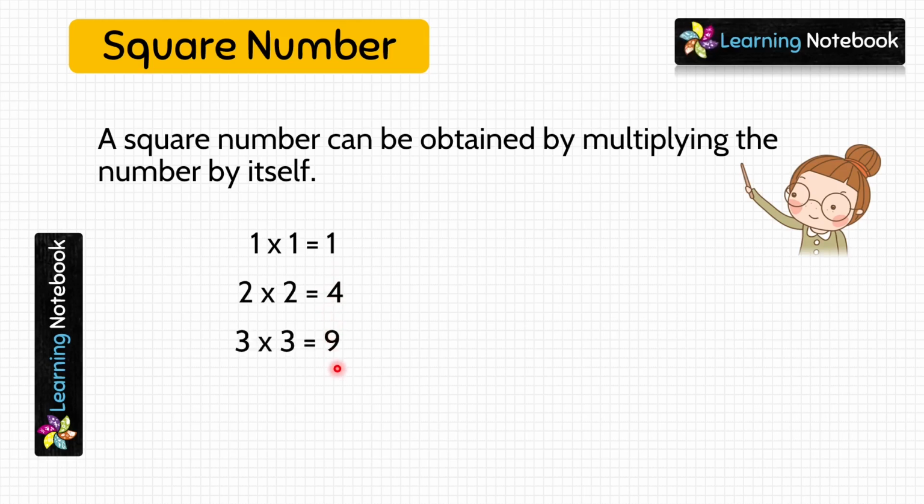Similarly, 3 into 3 equals to 9, 4 into 4 equals to 16. So here we are multiplying the number by itself. So these numbers 1, 4, 9, 16, they are square numbers. So a square number can be obtained by multiplying the number by itself.